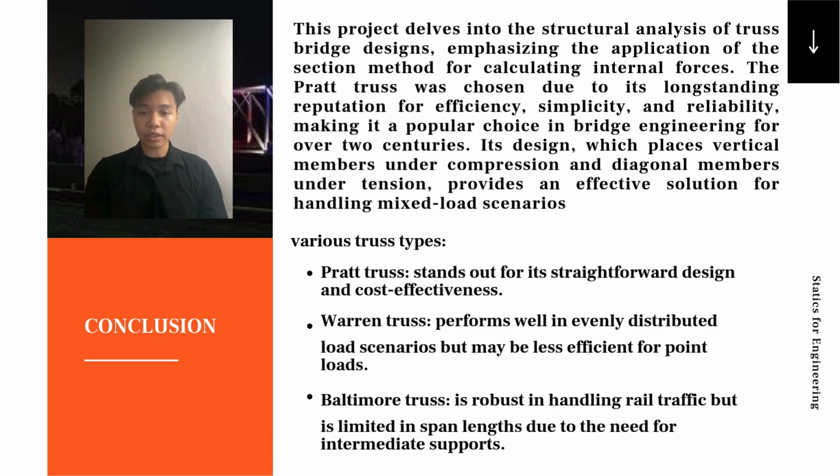The Warren truss excels in handling evenly distributed loads due to its repeating triangular framework, but can be less efficient for point loads such as concentrated weights in specific areas. The Baltimore truss is built to handle heavy rail traffic, making it robust and durable. However, the design is constrained by the need for intermediate support, limiting its use in longer spans.